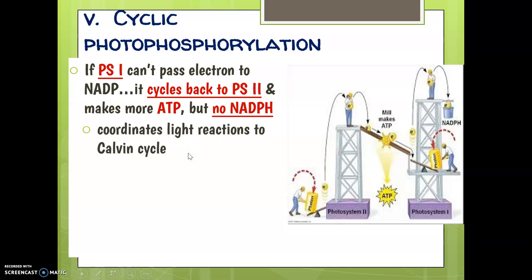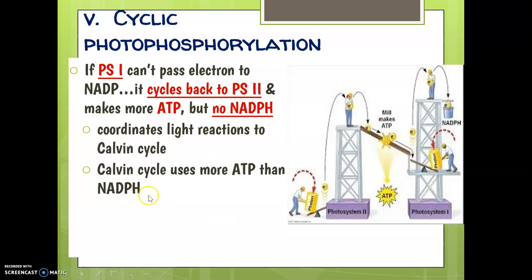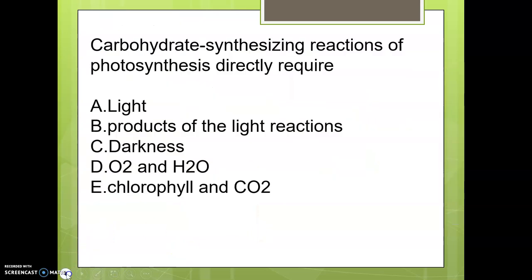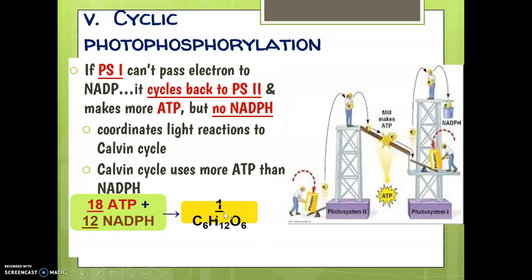If that happens, we're going to have some issues because that means the Calvin cycle is now going to use more ATP than the electron acceptor, which is NADPH. So we would have 18 ATP at this point and 12 NADPH out of 1 molecule of glucose.